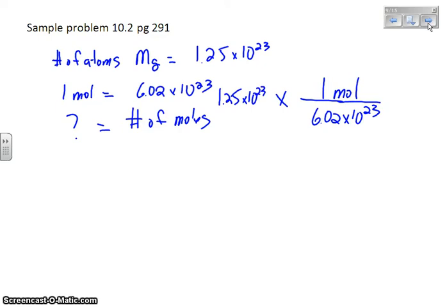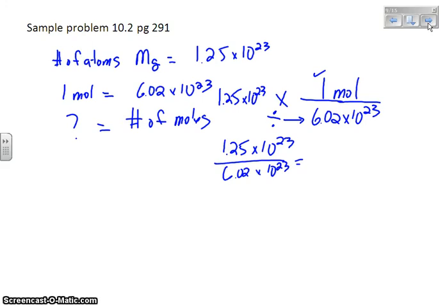Now, anytime you multiply a number by 1 over another number, like we have right here, it really becomes 1.25 times 10 to the 23rd divided by that number. So it becomes 1.25 times 10 to the 23rd over 6.02 times 10 to the 23rd, which is a division problem.